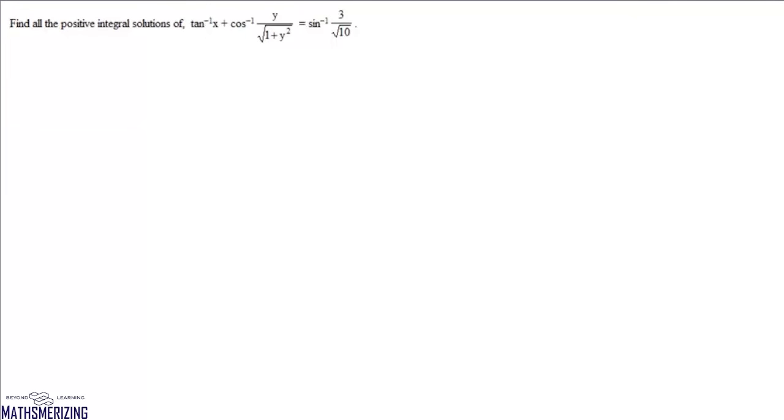Now here the question is, find all the positive integral solutions of tan inverse x plus cos inverse y under root 1 plus y square equals sin inverse 3 by root 10. Now we'll change everything in terms of tan. Say this is theta, so we'll get cos theta as y upon under root 1 plus y square. So if this is theta, this is y, this is under root 1 plus y square, so it'll be 1.